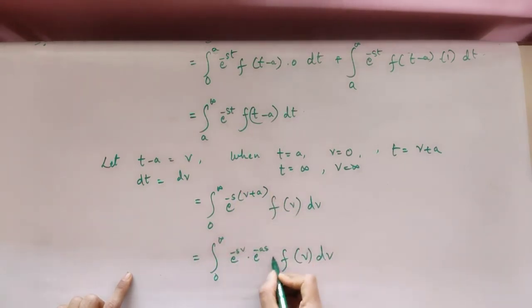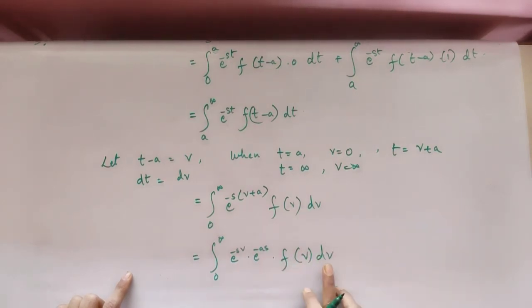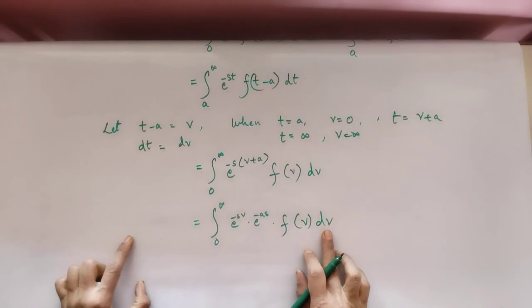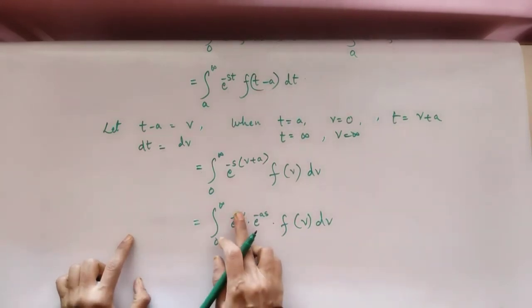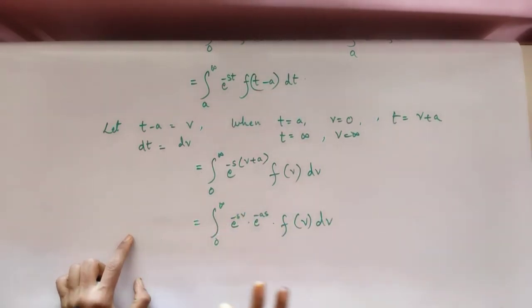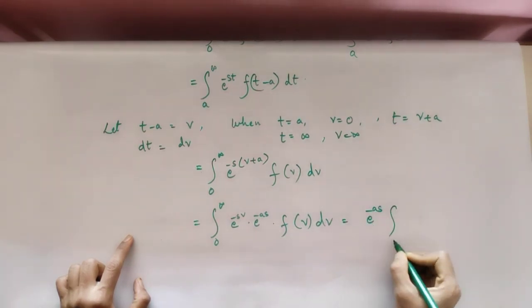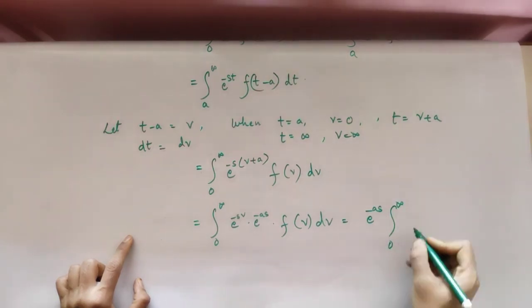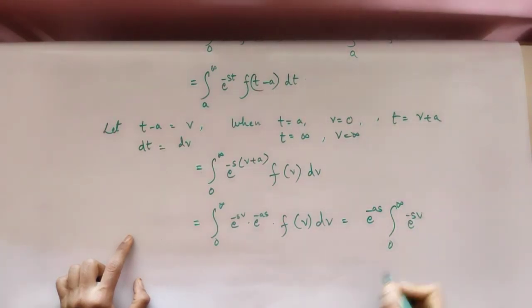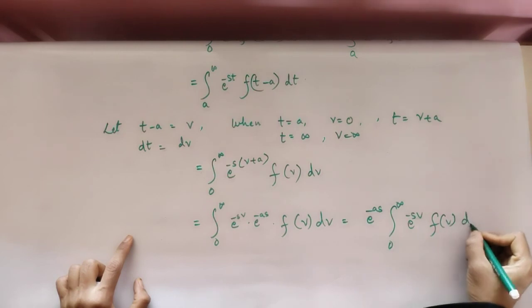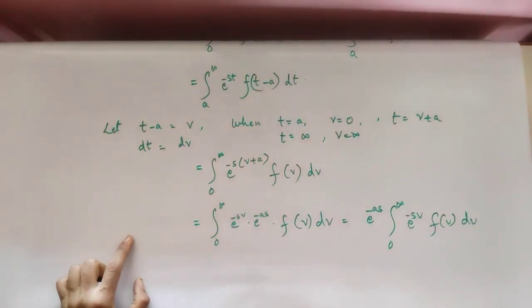Now is this term containing some v? We are doing the integration with respect to v, dv we are writing. Any term which is independent of v can be taken out because it is constant for the integration. So this will be equal to e to the power minus as, integration from 0 to infinity, e to the power minus sv, f(v) dv.